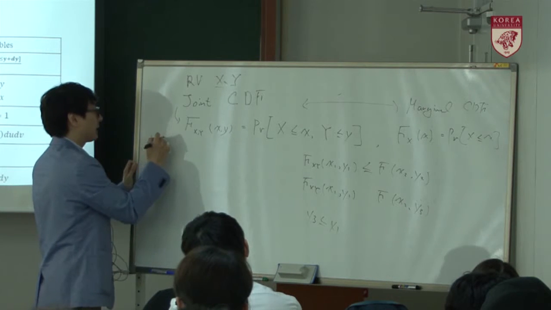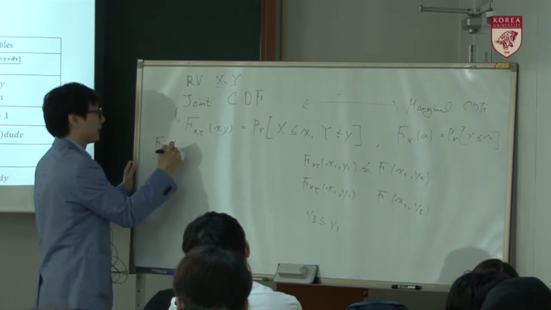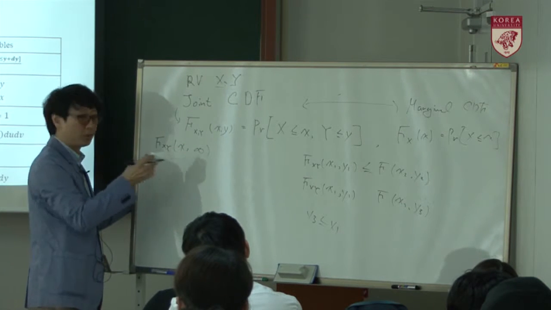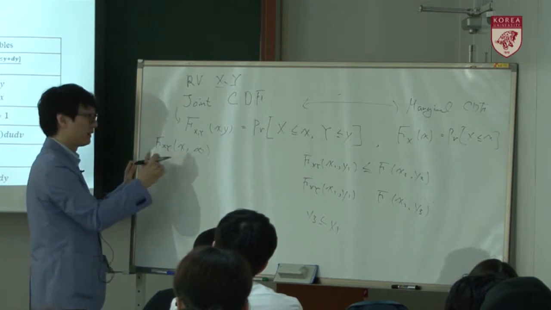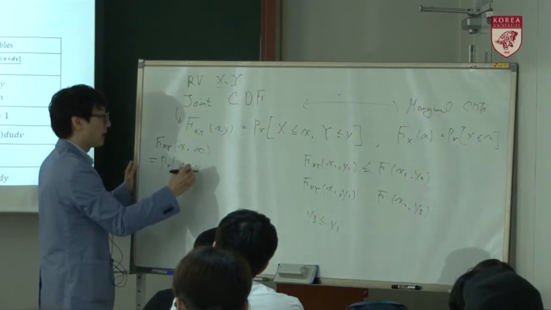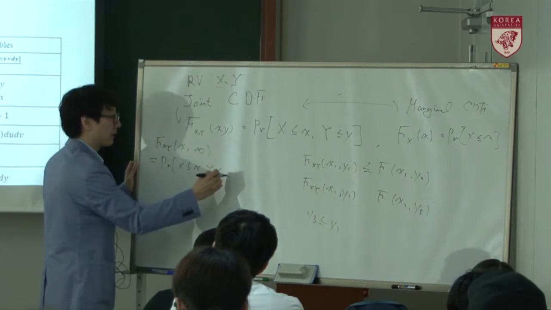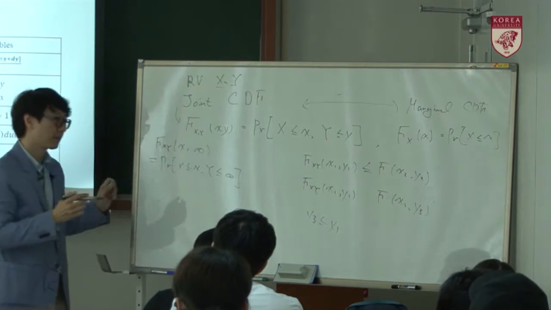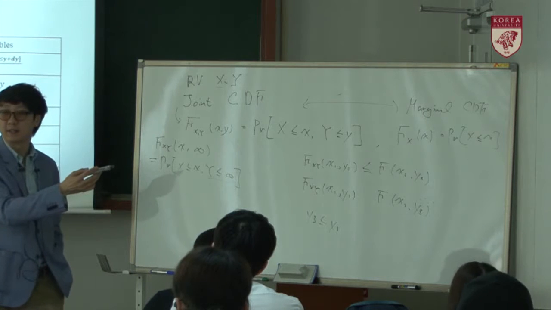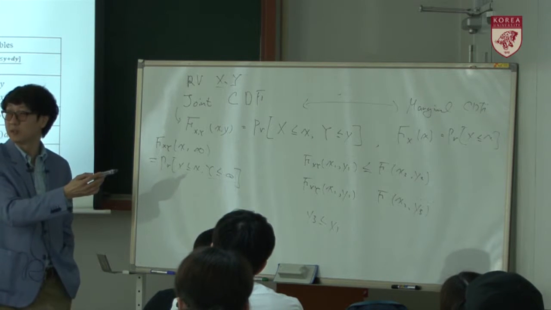So if we think x and infinite, so if y is infinite, this is the probability that X is less than or equal to x and Y is less than infinite. This condition, y is less than infinite, is satisfied by any y.